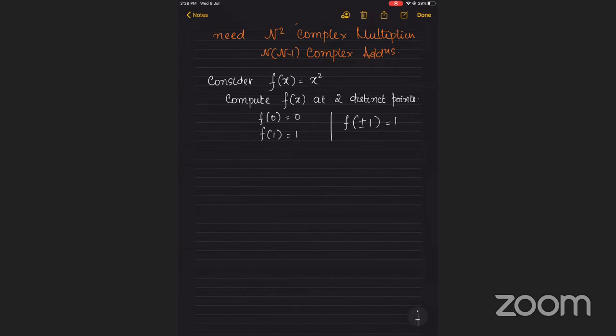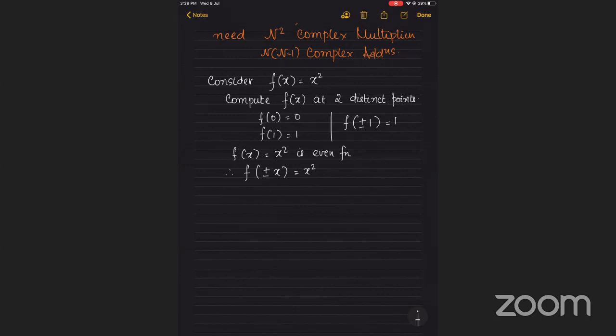Why will he do this? Because he knows f of x equal to x square is an even function. Therefore, f of plus or minus x is equal to x square. Now, what do we mean by that?